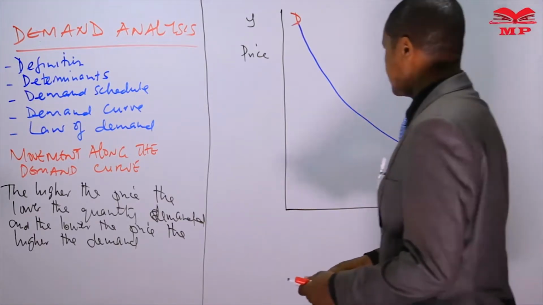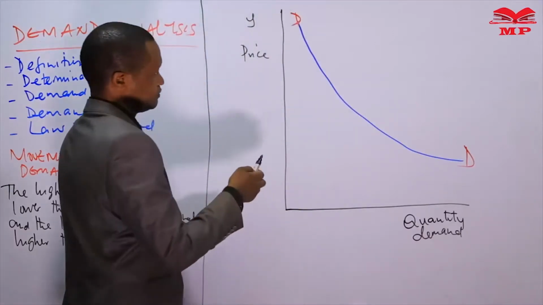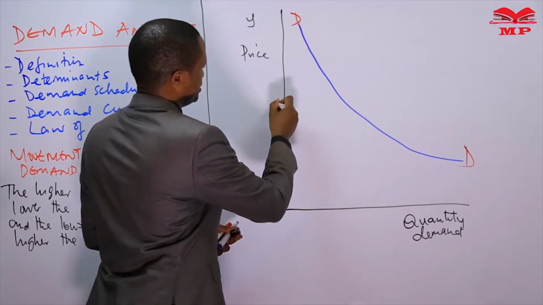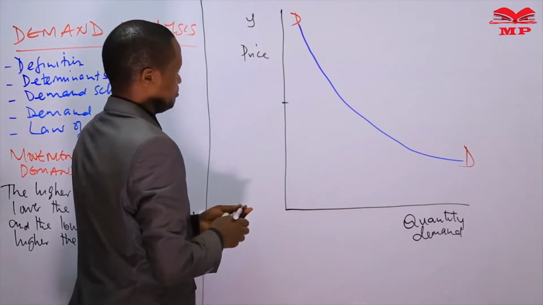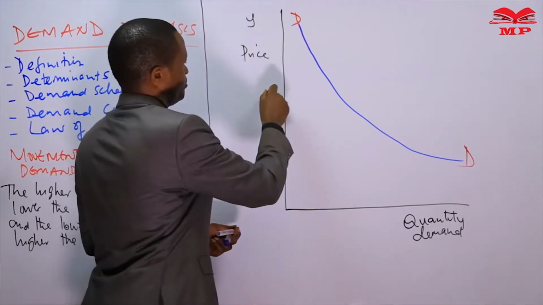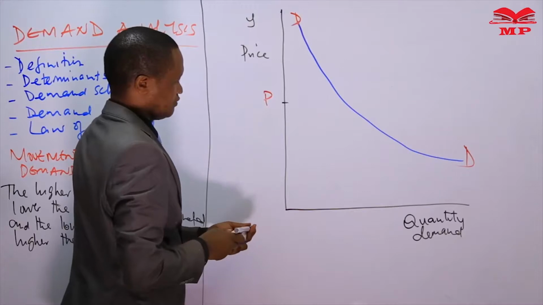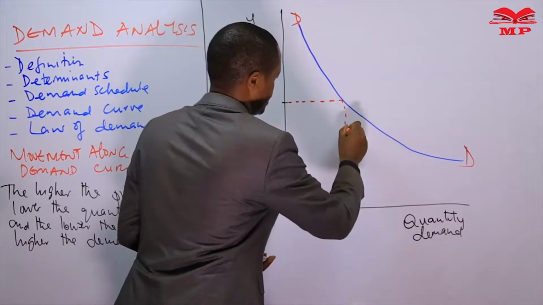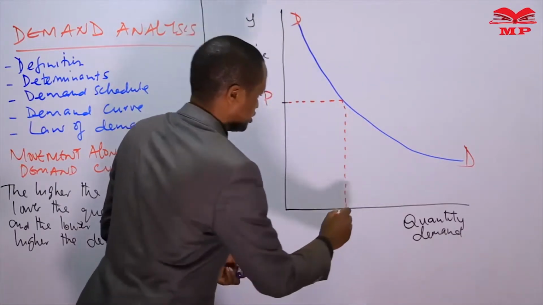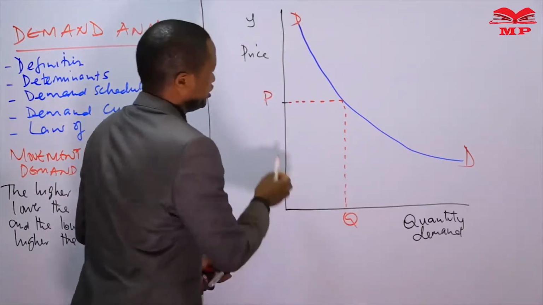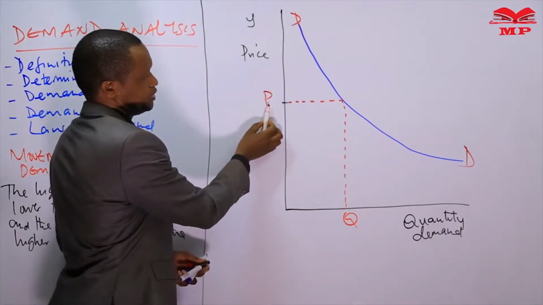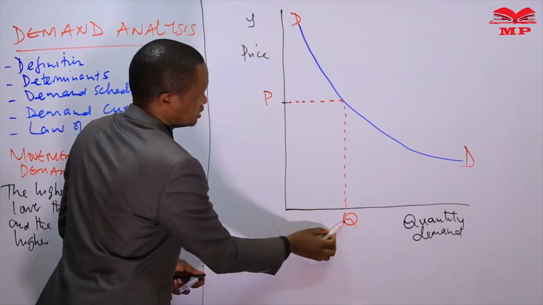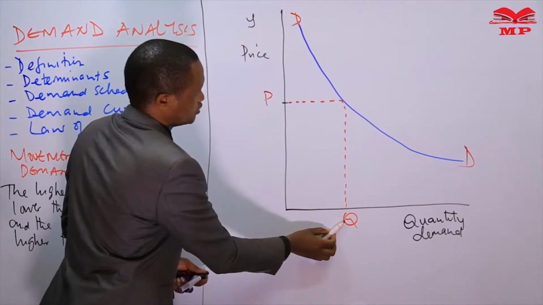So you can see here, assuming the price is at that point, which is, say, P. At P, you'll have the demand down here like that, and this will be Q. So at price P, the quantity demanded will be Q. That is the position.